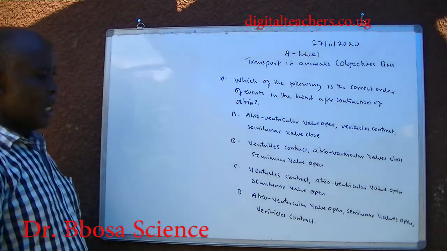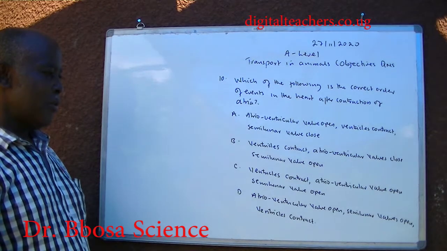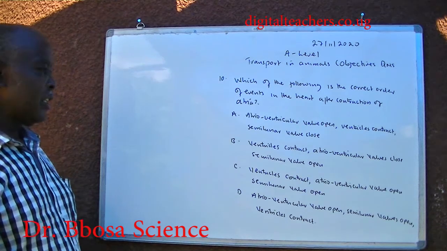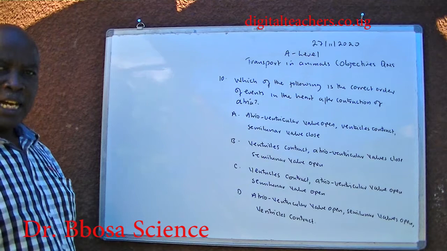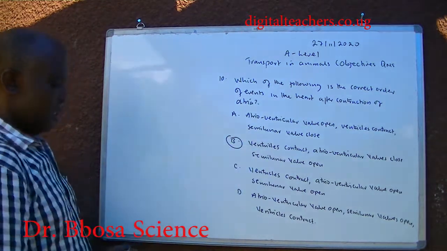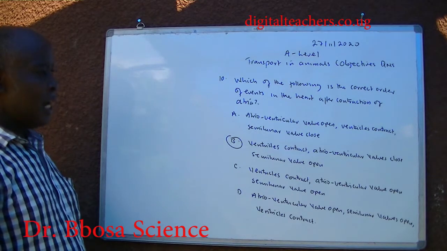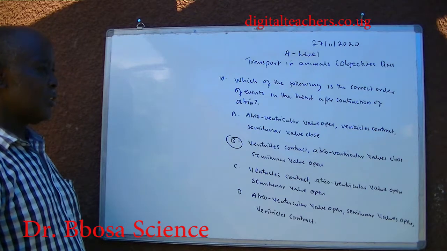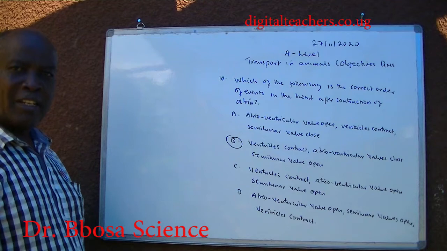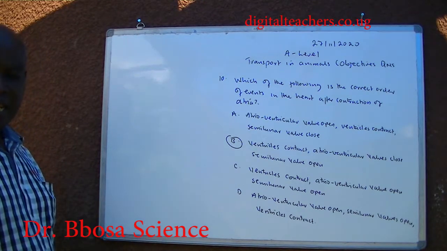D. Atrioventricular valve open, semilunar valve open, ventricles contract. You can pause and answer. The answer is B. Ventricles contract, atrioventricular valves close, and semilunar valve open, so that blood flows into the pulmonary artery.